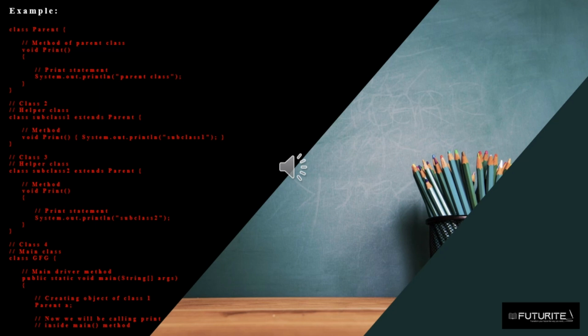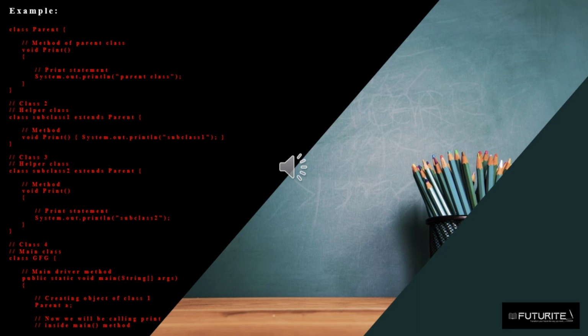Subclass 1 is extending the Parent class, which means Subclass 1 is a child class of the Parent class. Subclass 2 is again extending the Parent class, so Subclass 2 is also a child class of the Parent class. Now note this very carefully.